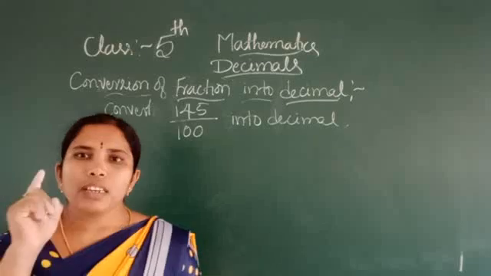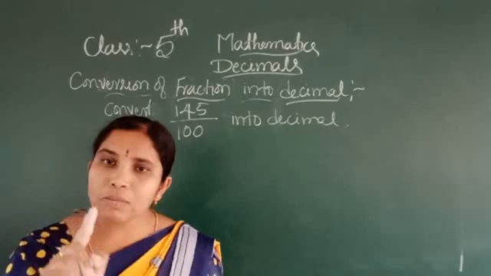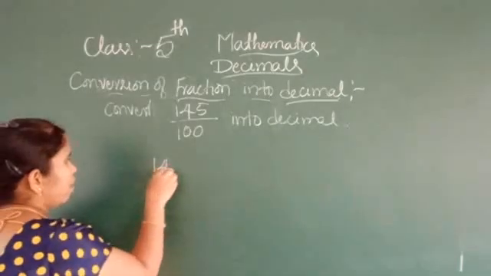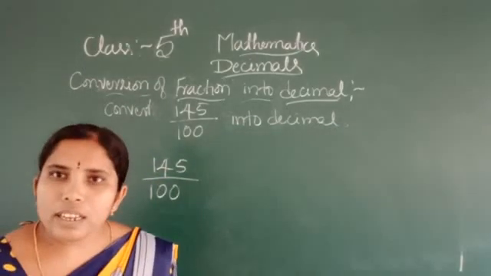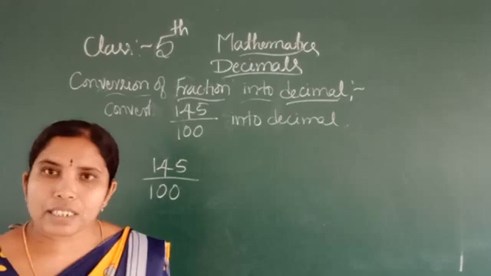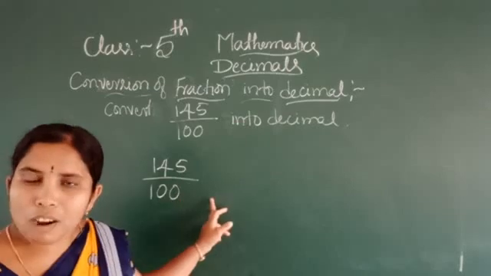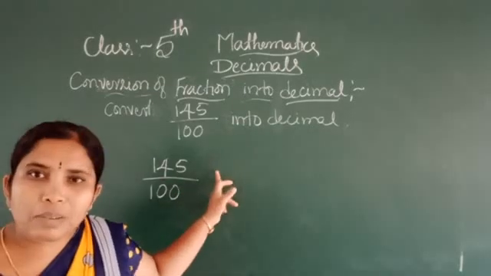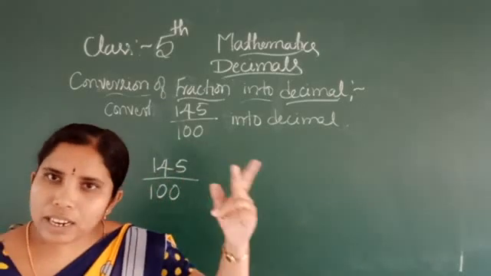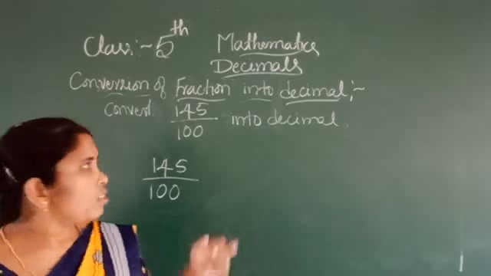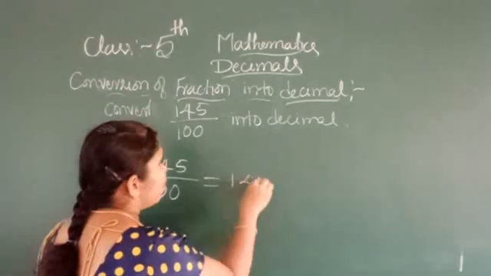See, first you write the numerator. 145 by 100. You learned this in the fraction lesson. So this is the numerator and this is the denominator. Here 145 is the numerator, 100 is the denominator. First you write the numerator 145.